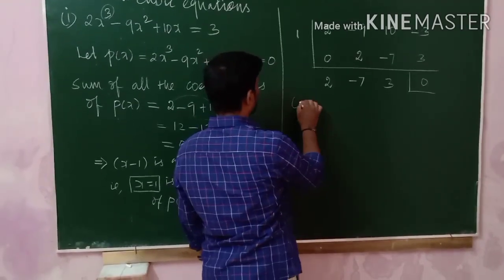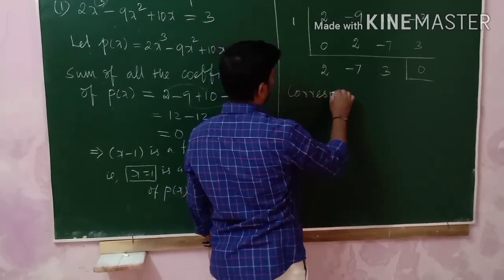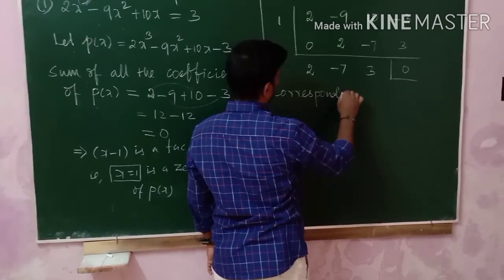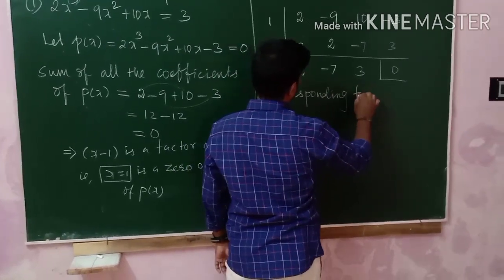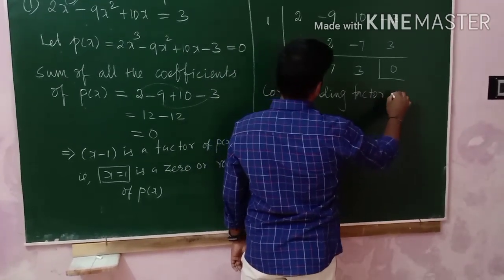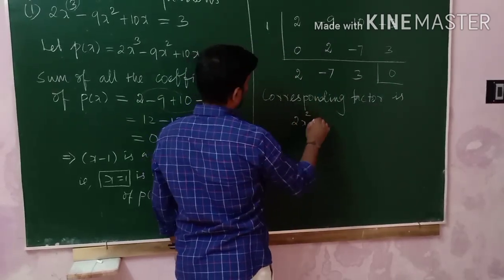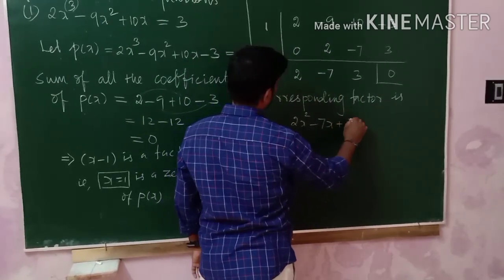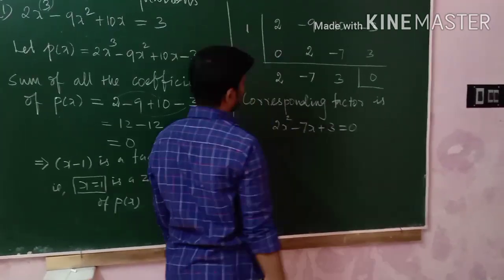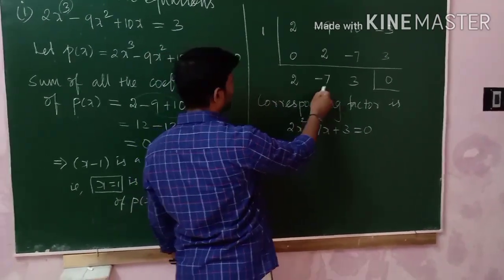So what is the corresponding factor? Corresponding factor is 2x square minus 7x plus 3 equal to 0.